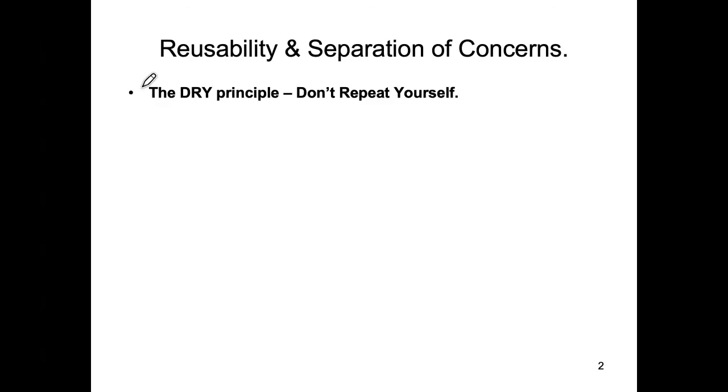What we would do in that kind of situation is to abstract the repeating code, put it into a unit of its own, and reuse it wherever it needs to be used. So dryness, reusability, separation of concerns, single responsibility, these are all objectives or principles of good software design, whether it be web app development or any other type of software development.